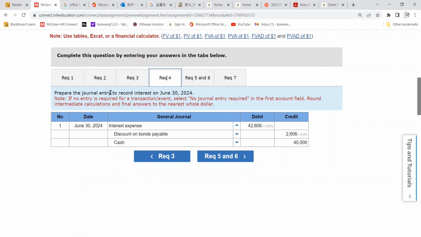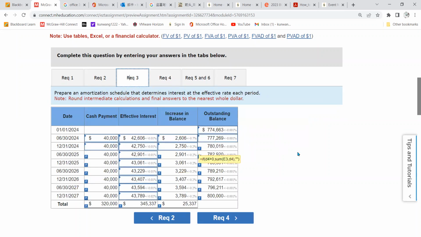And for the bank financial statement disclosure, okay, let's take a look at the amortization one more time. The disclosure will be at this time, okay, after the first year, the second interest. So they are asking, which information we disclose in balance sheet and which information we disclose in the income statement.